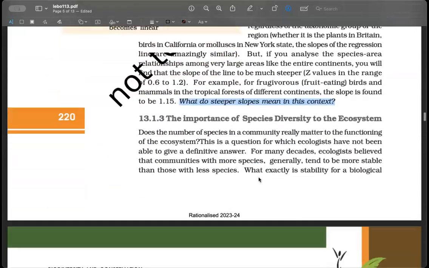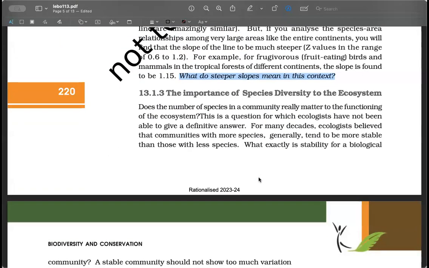There is still some part left of conservation, but is this part clear? This is the part which had concepts. Please ask me any questions.